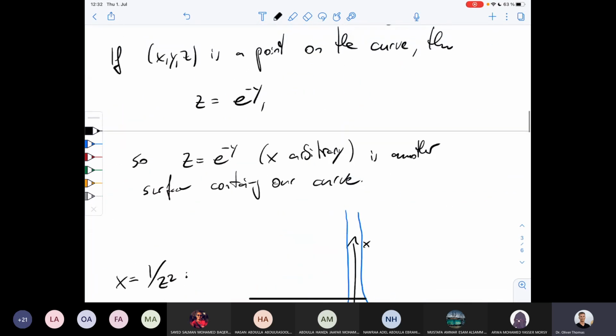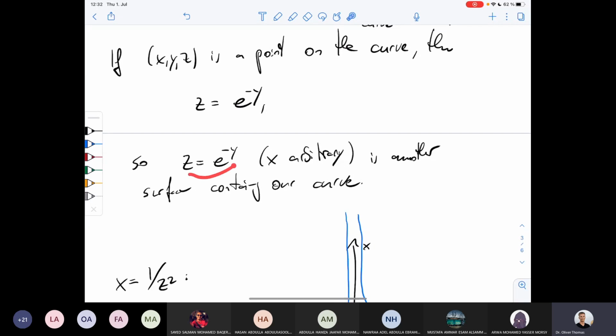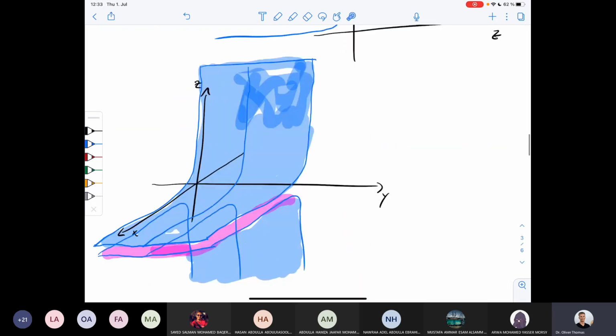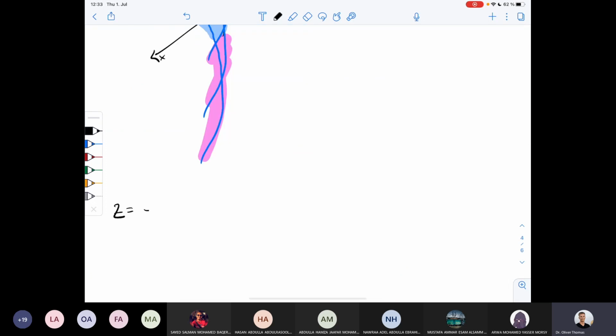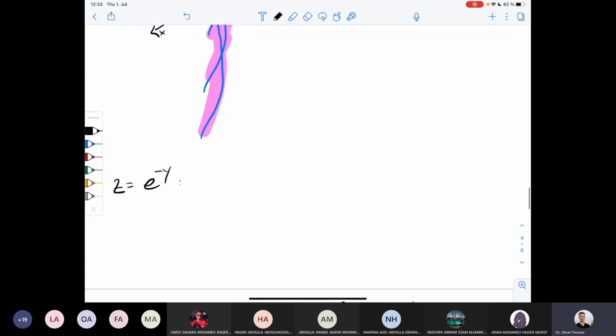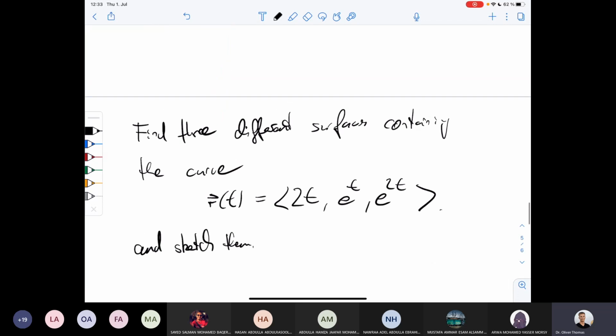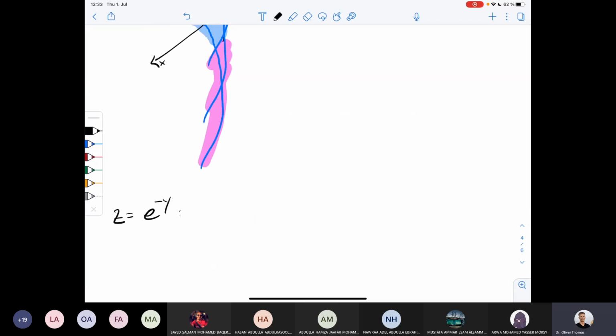We also have one last surface to look at, which was this one. z is equal to e to the minus y, and now x is arbitrary. So let's try this one. We start with the 2D coordinate system.